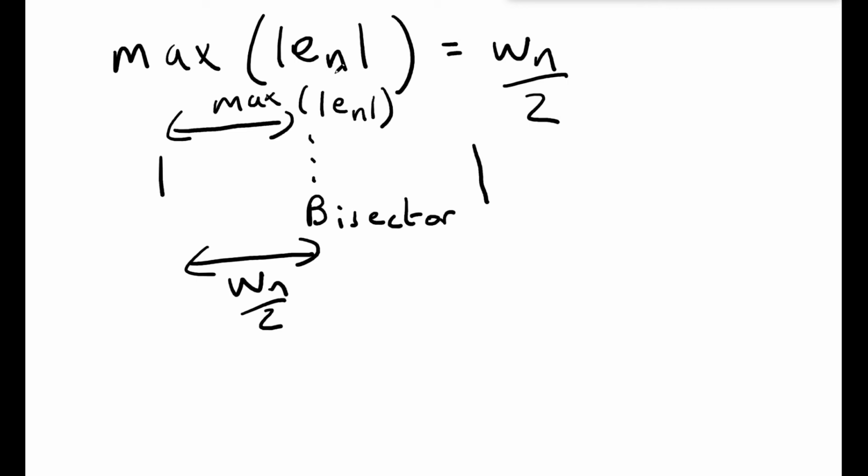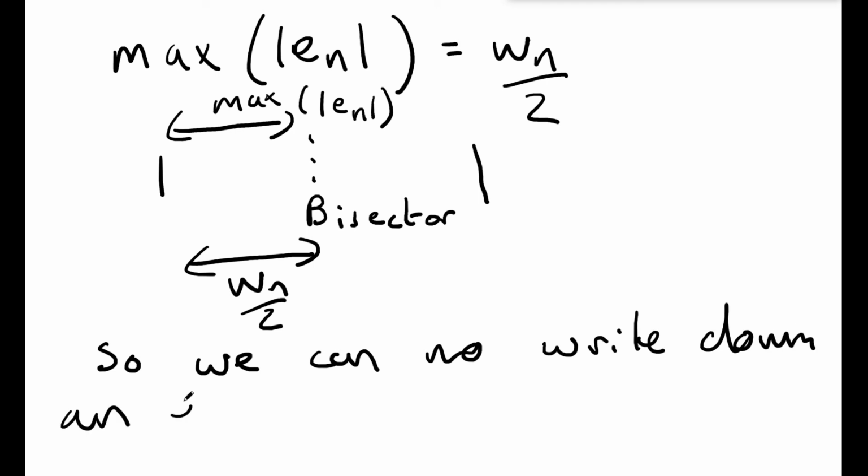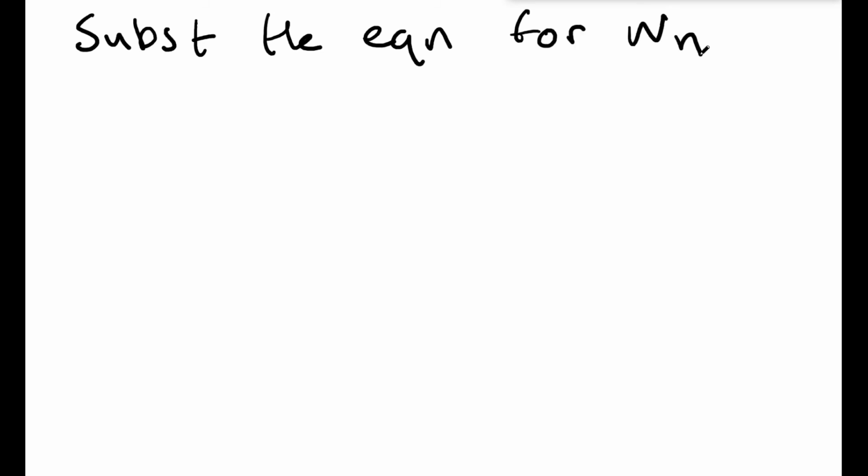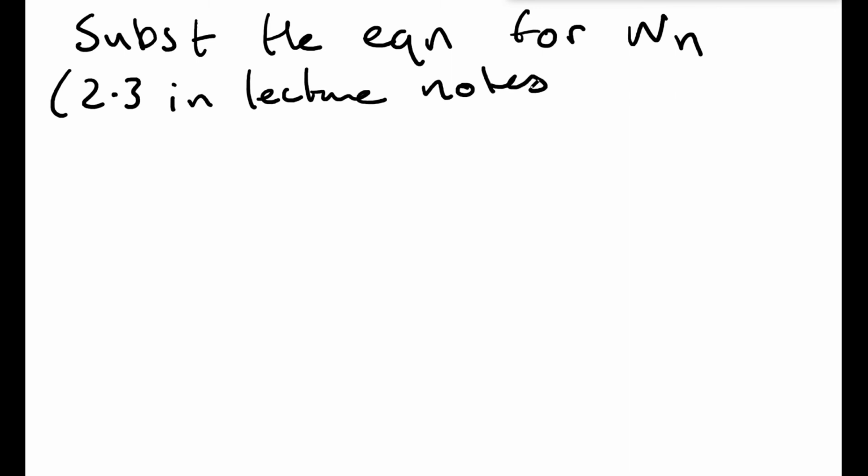Okay, so we can now write down an equation for En, because we know how the width evolves and we know how the error works. So this is how we're going to do it. We're going to substitute the equation for Wn, equation 2.3 in the lecture notes, into that previous expression.